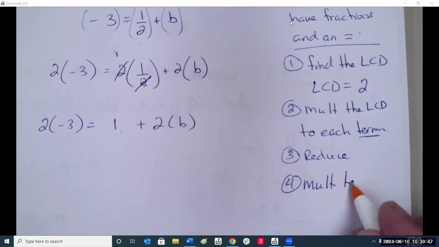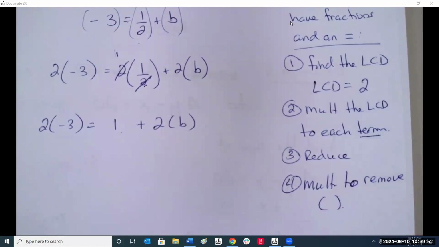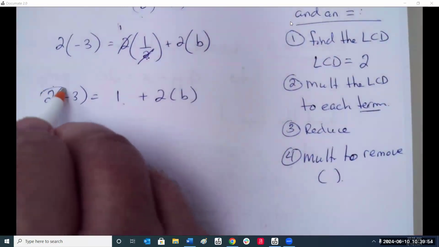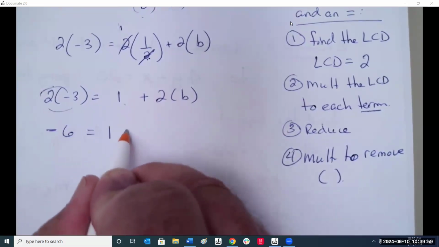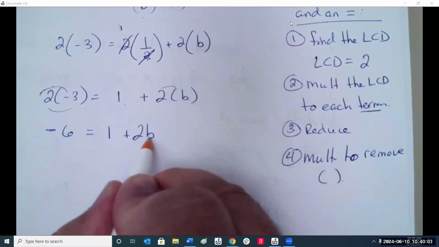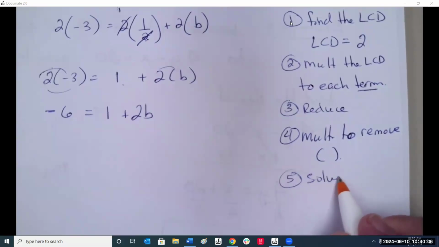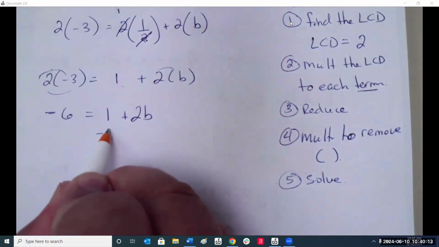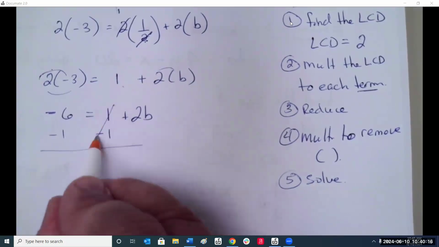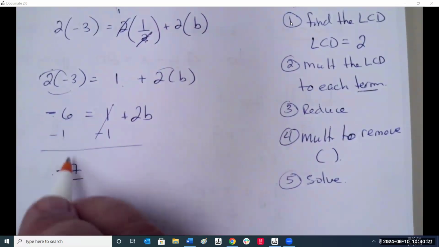Multiply to remove parentheses. Positive times negative is negative. 2 times 3 is 6. 2 times b. And then solve. Subtract 1. They're both negatives, so the answer is negative. 6 plus 1 is 7.